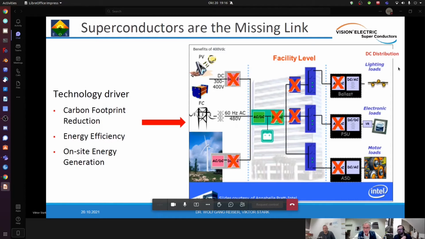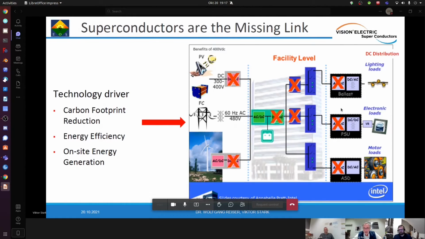If you look at a data center, you have a lot of energy conversion steps. You start with energy coming from the power lines, from the power grid. You first convert it into a low DC voltage to feed your battery, and then, in case the battery is needed, it is transformed back from the battery into AC, going over to the facility level, maybe on large data centers with several other conversion steps, and finally going to the power supplies of the servers.